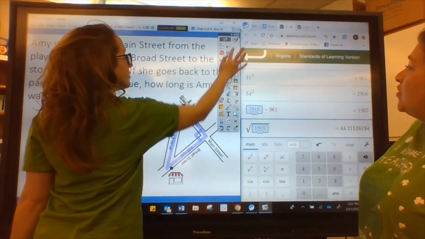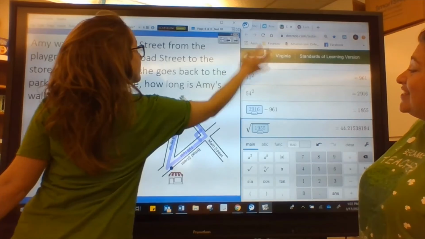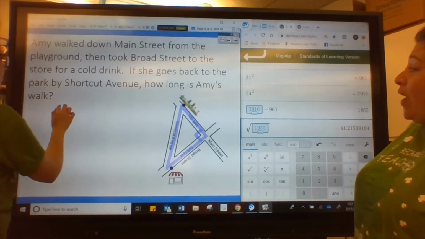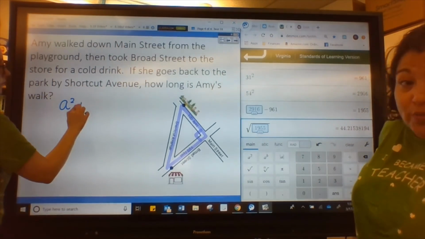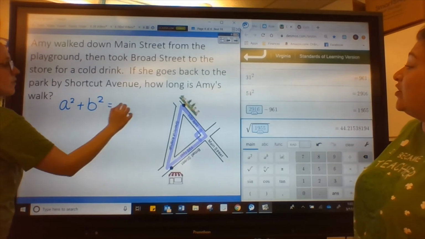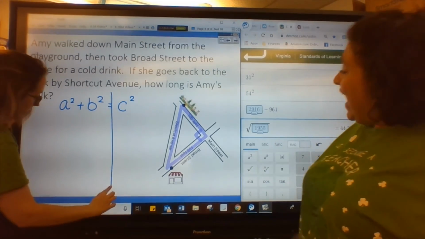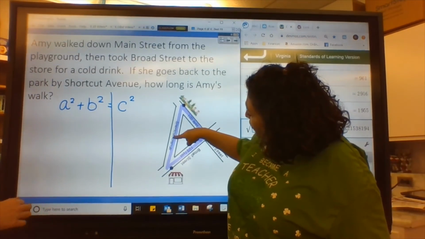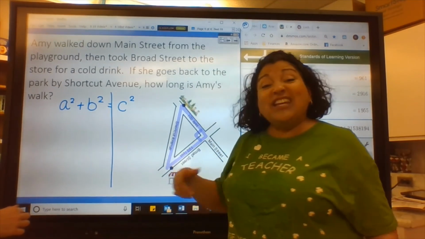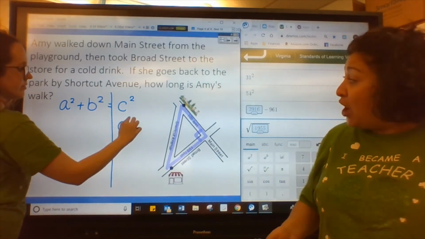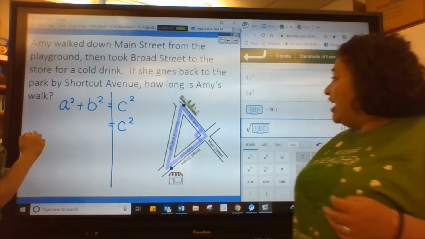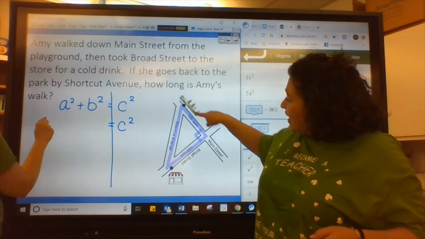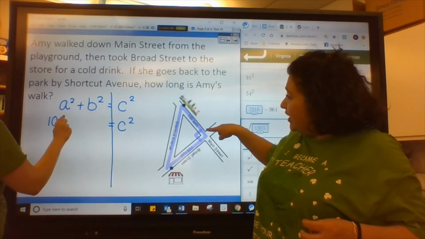Now we're going to set up an equation. We've got a squared plus b squared equals c squared. And if you look, it's straight across from the right angle. That c squared is the part we're missing. This picture shows us that the first leg is 100.